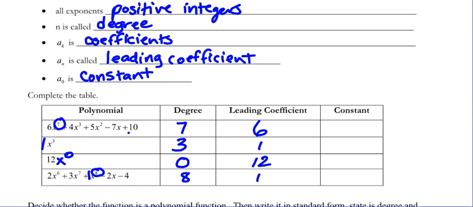And the constant is the term that doesn't have an x, 10. We don't have a constant term here, so you could either say none or 0. Here, you do have a constant term, and it's 12, which, remember, this 12x to the 0 just started out as a 12. And in this case, it's negative 4.